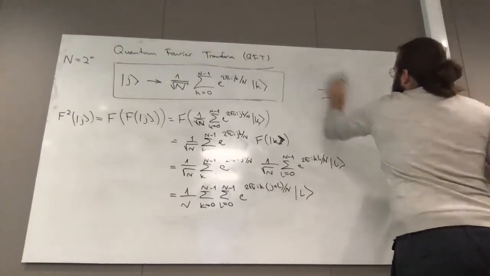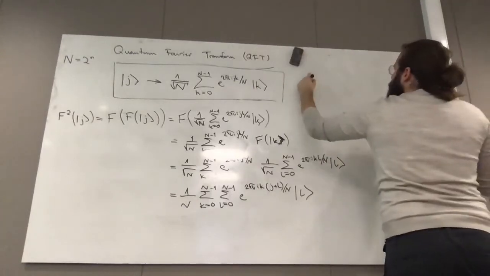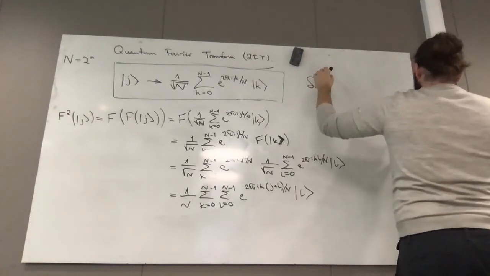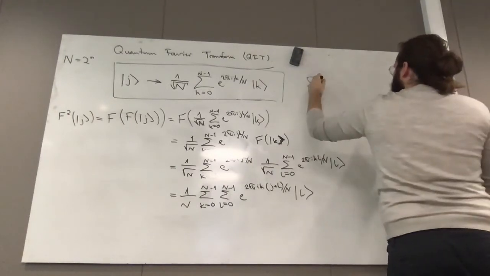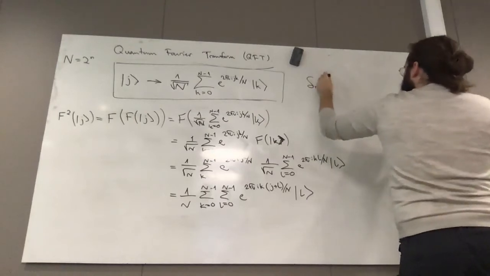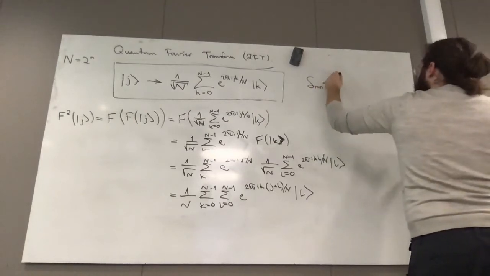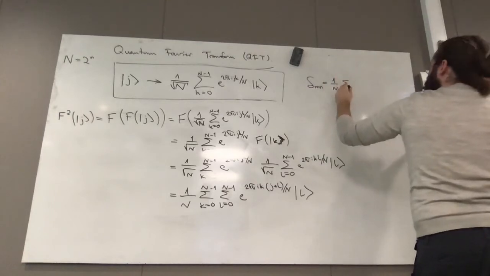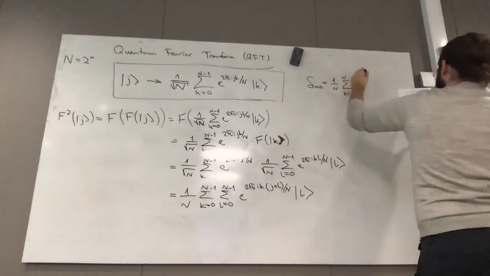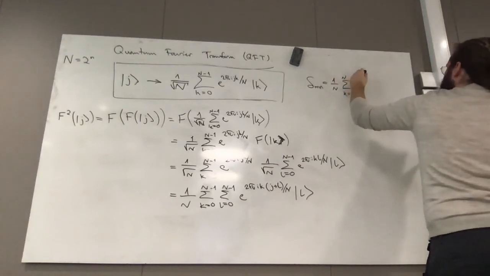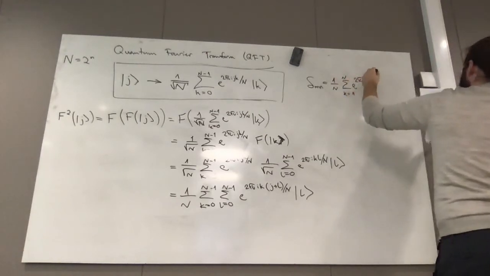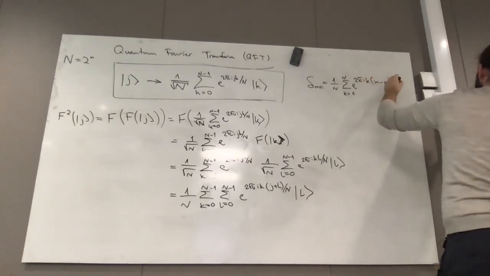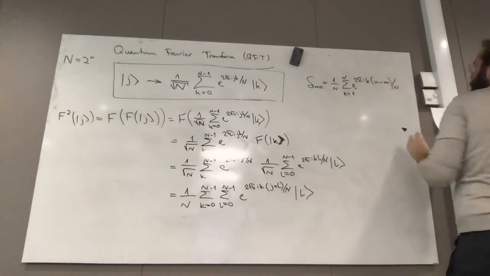I'm going to use the following identity, that delta mn is equal to 1 over n, sum over k equals 1 to n of e to the 2 pi i k (n minus m) over n.